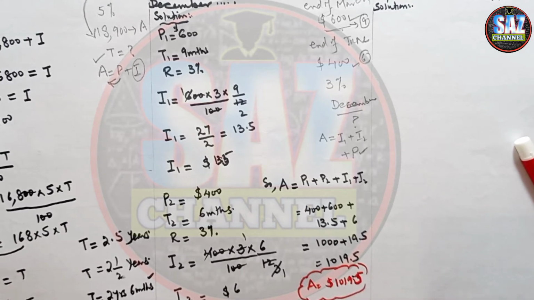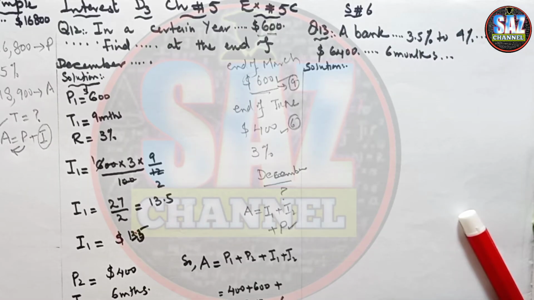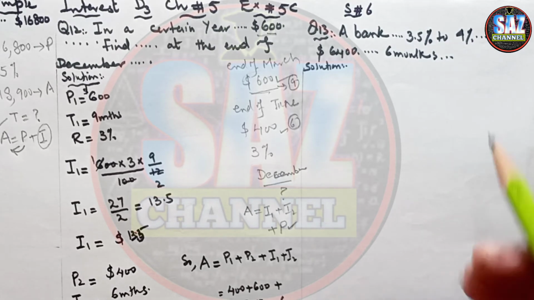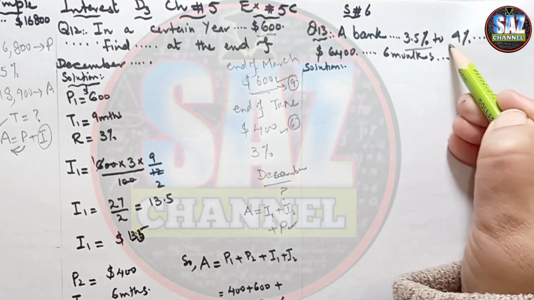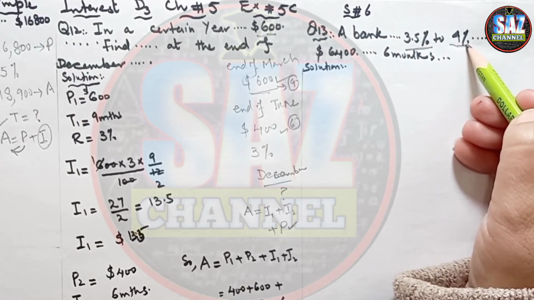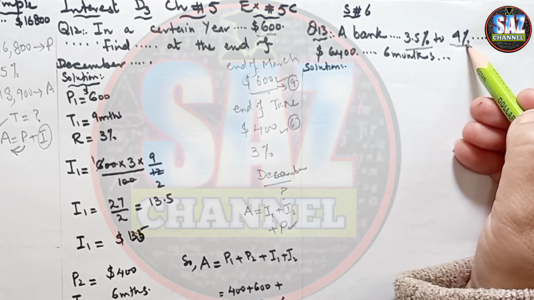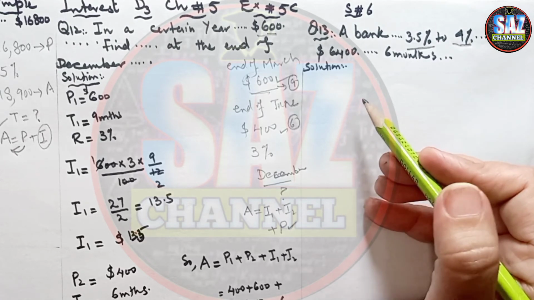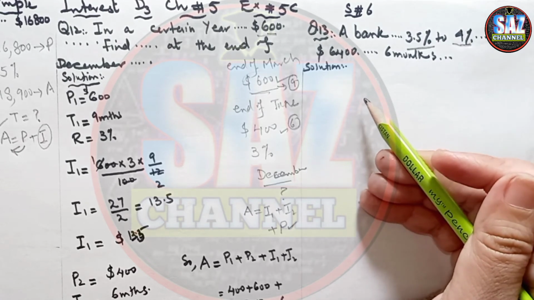Okay, and let's come to question number 13. Question 13 says that a bank increased the rate of simple interest which it paid to the depositors from 3.5% to 4% per annum. Find how much more interest Susan would receive if she deposited $6,400 in the bank for 6 months at the new interest rate.